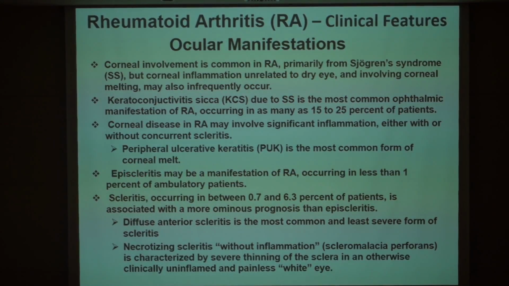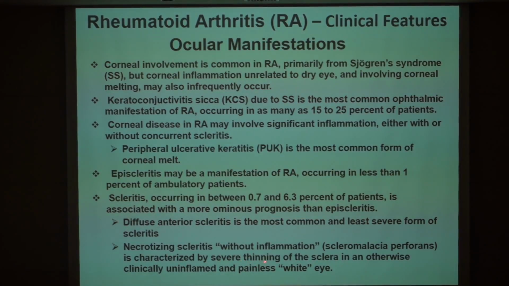Then we talk about episcleritis and scleritis that can form in rheumatoid arthritis. And I want to bring your attention to the necrotizing scleritis. This is a destructive scleritis which doesn't have inflammation. The patient will not have pain. It's also called scleromalacia perforans.